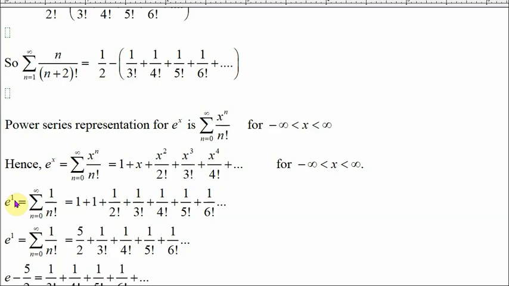Let x be 1, then we get e to the first, and then x is 1. We get 1 plus 1 plus 1 over 2 factorial plus 1 over 3 factorial plus 1 over 4 factorial and so on.